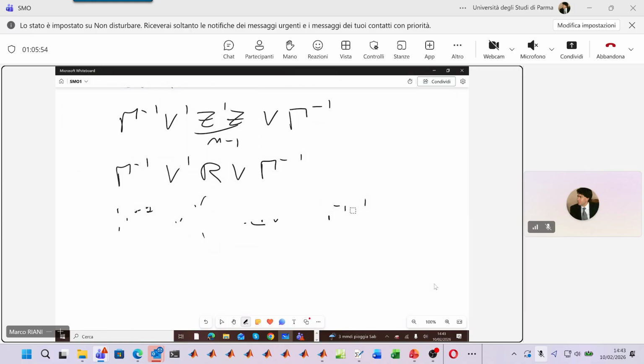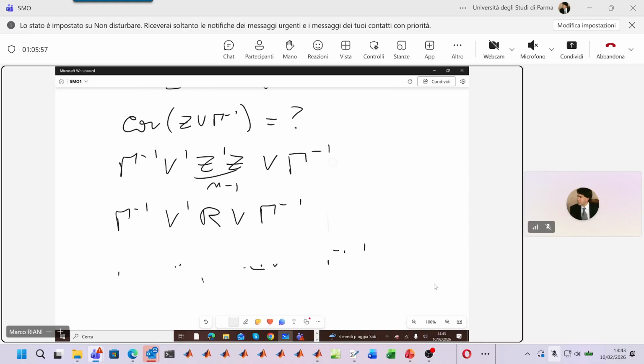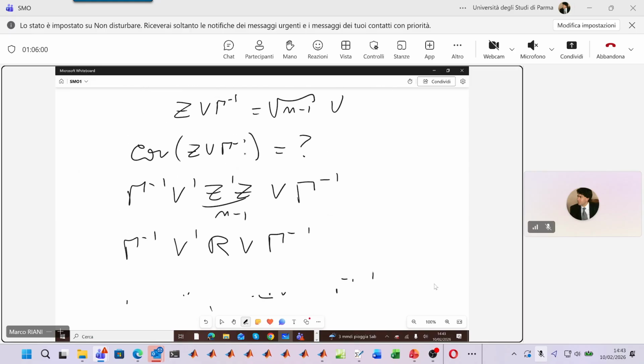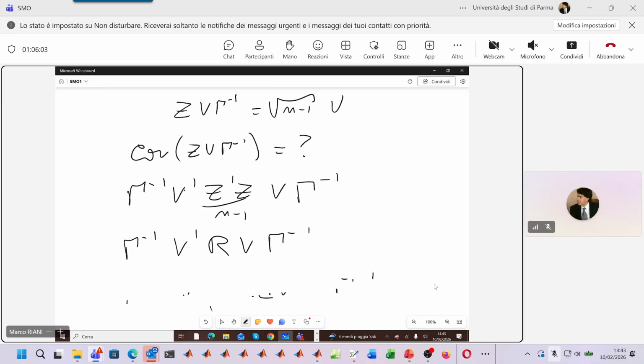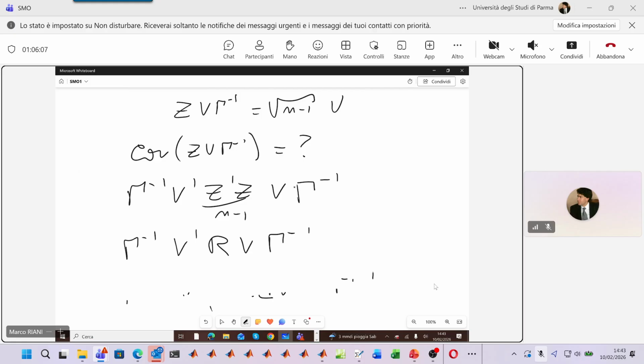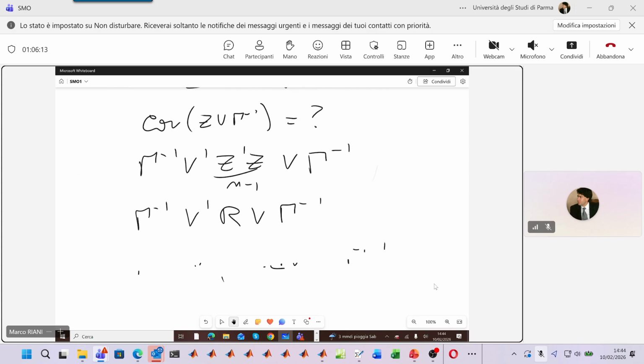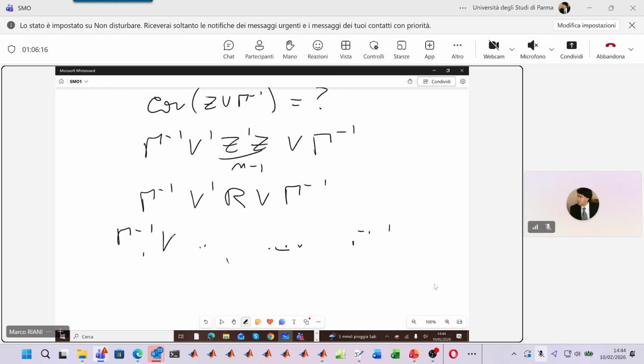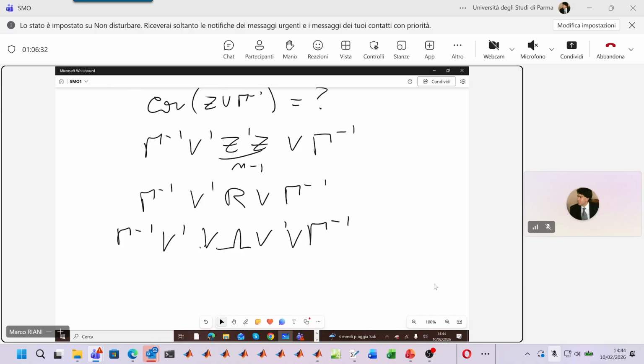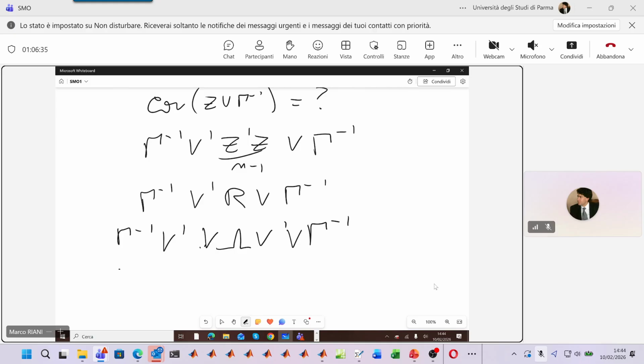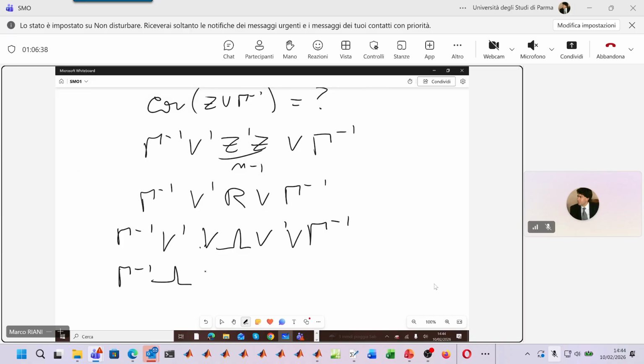So this is the covariance matrix of Z V gamma to the minus 1, gamma to the minus 1 V prime Z prime Z V gamma to the minus 1, right? Gamma to the minus 1 V prime R V gamma to the minus 1, gamma to the minus 1 V prime V lambda V to the minus 1. Okay, V R is missing here, right? So this is gamma to the minus 1, lambda, gamma to the minus 1.